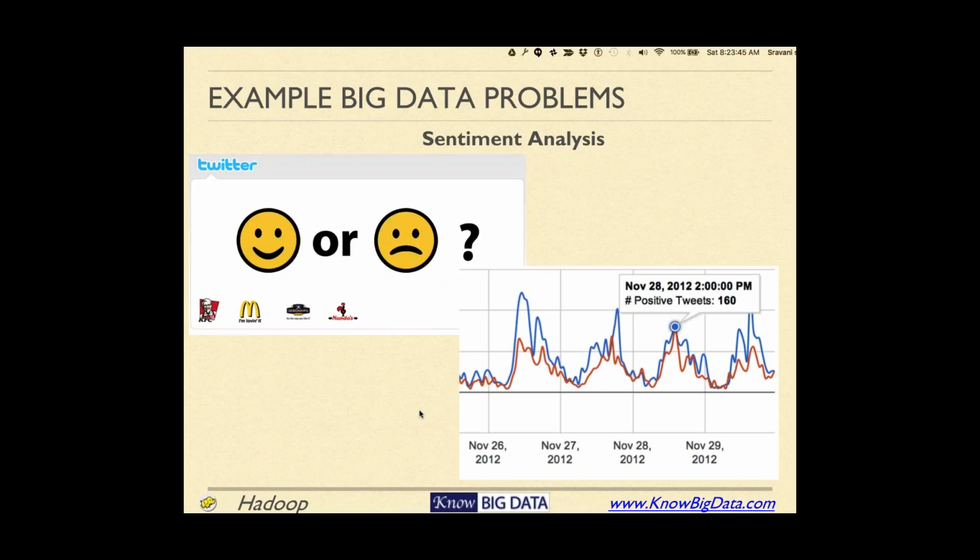And next is sentiment analysis. Sentiment analysis means you want to churn a huge amount of data to understand whether people are talking positive or negative about you, your brand name, your product, or your new revision. The way you do it is you plot negative sentiment and positive sentiment on a graph against the date.